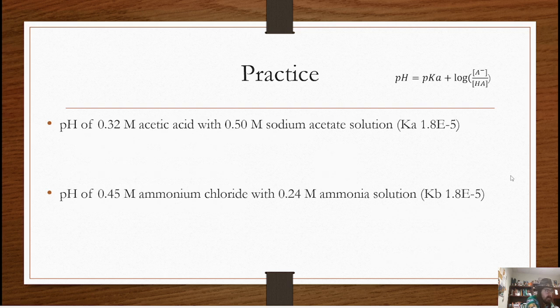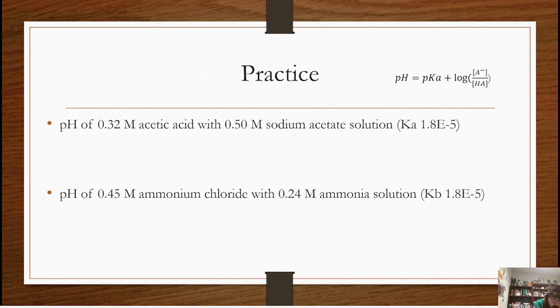Now this last one is a practice one. What is the pH of acetic acid and sodium acetate in these situations? So 0.32 HA and 0.5 A minus when the Ka is 1.8 times 10 to the negative 5th.